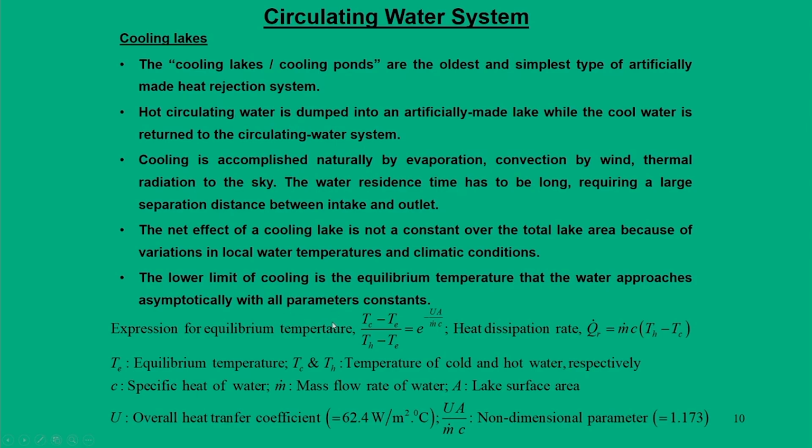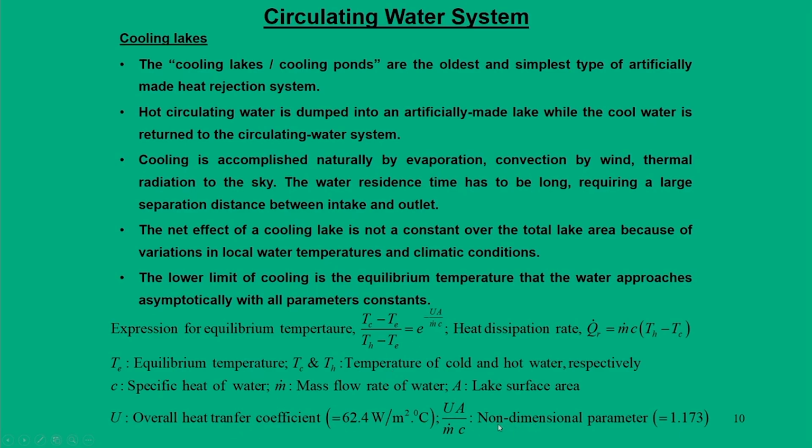From heat transfer analysis we get an exponential expression: Tc minus Te divided by Th minus Te equals exponential to the power minus UA by m dot C. Here Te is the equilibrium temperature, Tc and Th are the cold and hot water temperatures, C is the specific heat of water, m dot is the mass flow rate of water, A stands for the surface area of the lake, and U is the overall heat transfer coefficient.